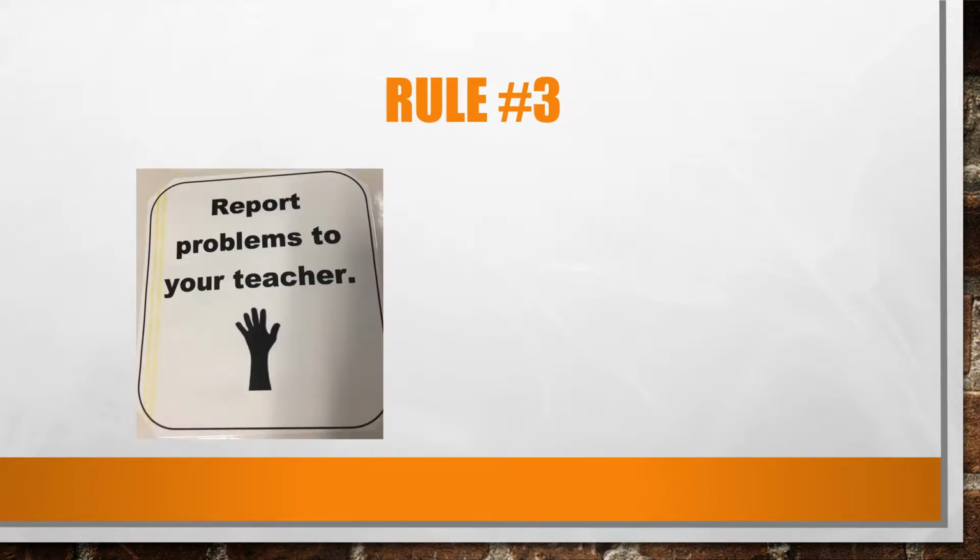Okay, next rule. If there's anything wrong with your computer, you need to raise your hand and tell your teacher as soon as possible. The reason is, for one, we want to fix any problems, but for two, your teachers are going to be checking the computers when you're done with them, and if there's something wrong with it and you didn't tell her or him beforehand, we're going to assume that you're the one who caused that problem.